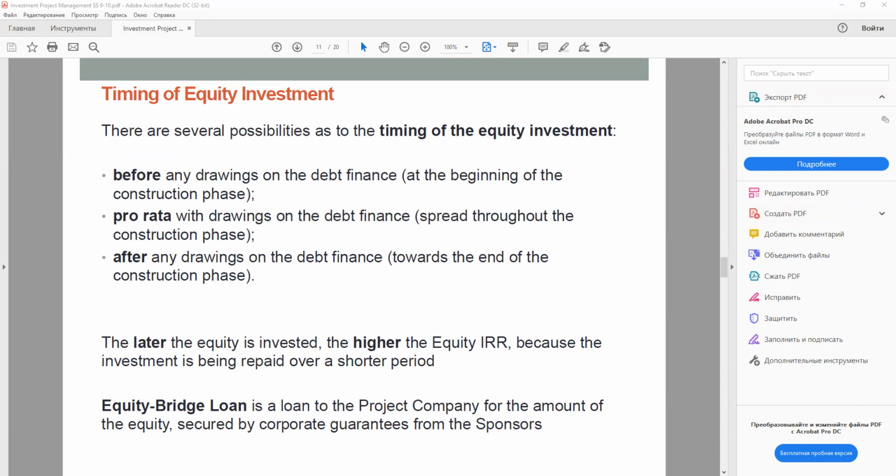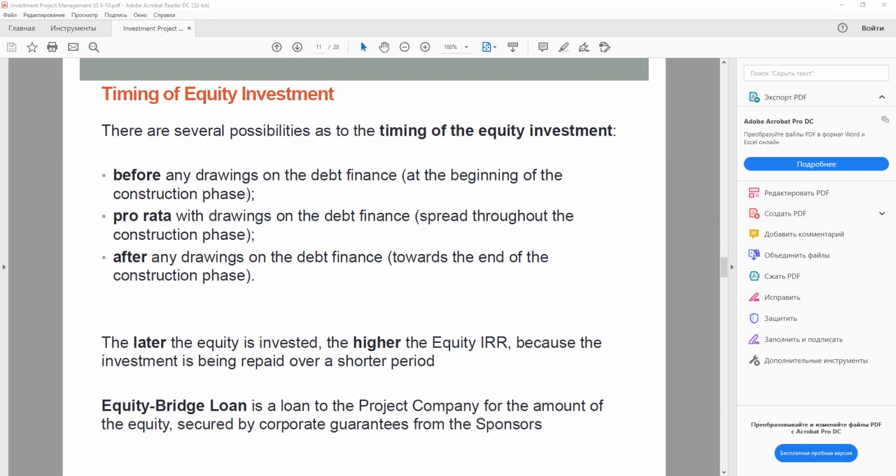Bank guarantees or letters of credit may need to be provided as the security for this uncalled equity. Thus, the investor's risk is the same whether the equity is invested early or later.